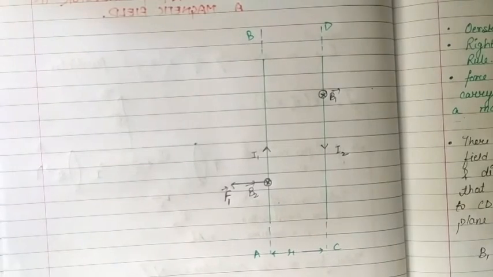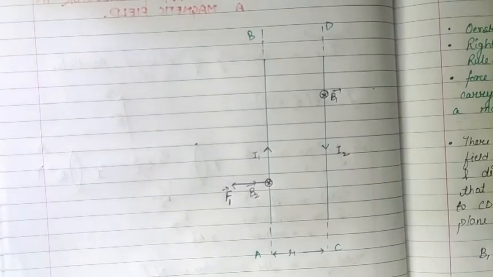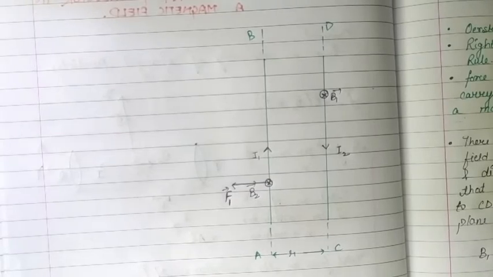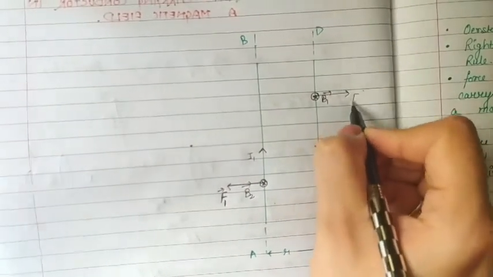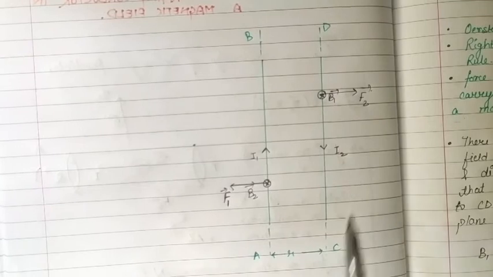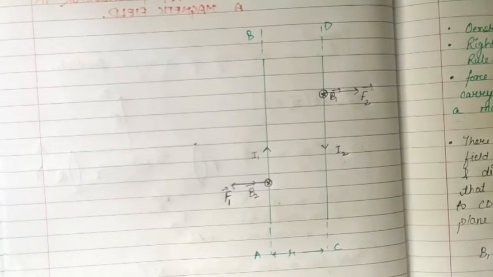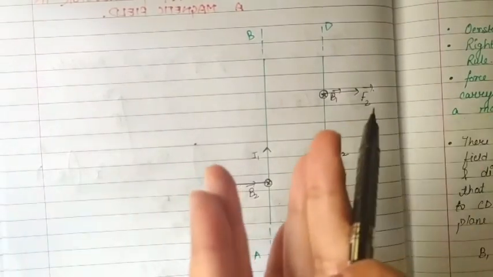For the second conductor CD, I place my left hand forefinger towards the magnetic field into the plane of paper, central finger in the direction of current, and then the thumb points towards the right of the wire. This is the F2 vector. These two forces are acting in opposite directions and outwards, so the wires will repel each other.